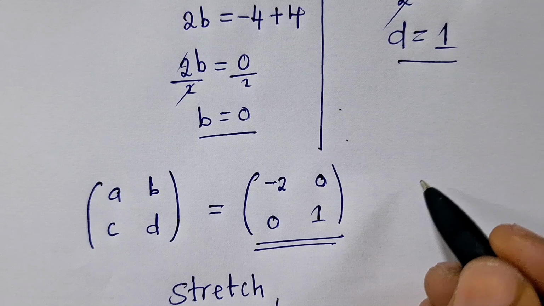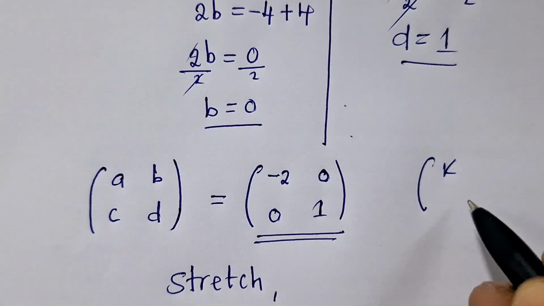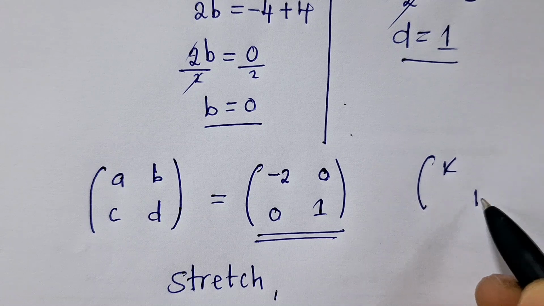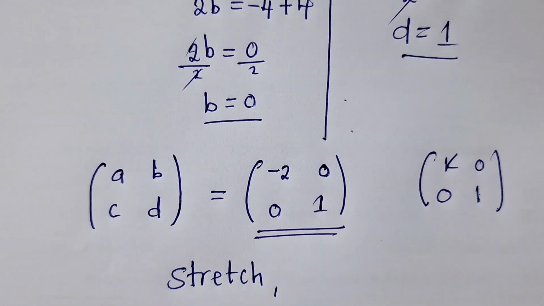Let me show you the way the matrix looks. It can either have a k here, that's our stretch factor. And then if the stretch factor is here, there will be a 1 here, and there a 0, 0 here. That's how it looks. Okay.